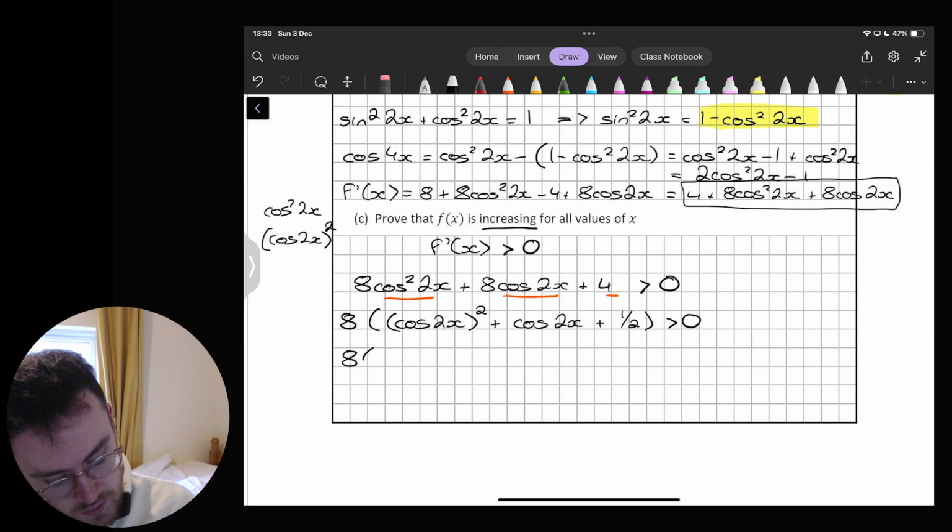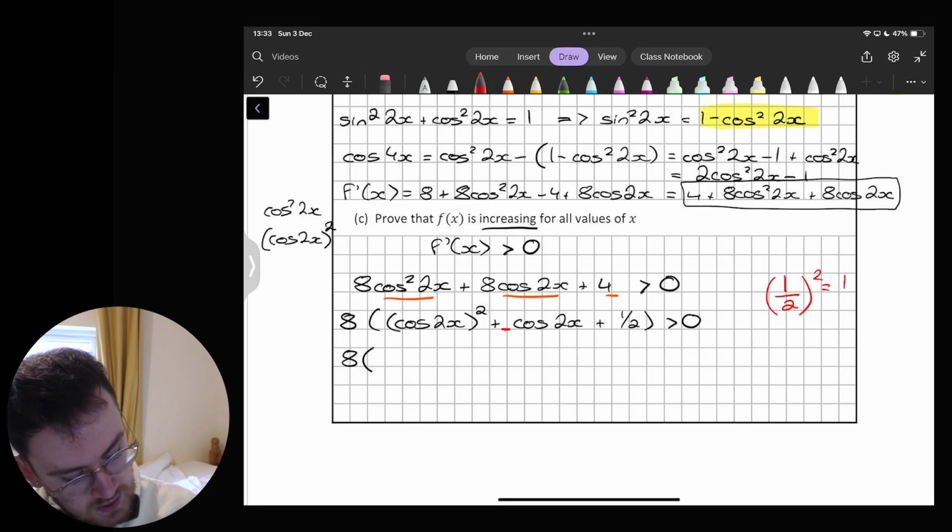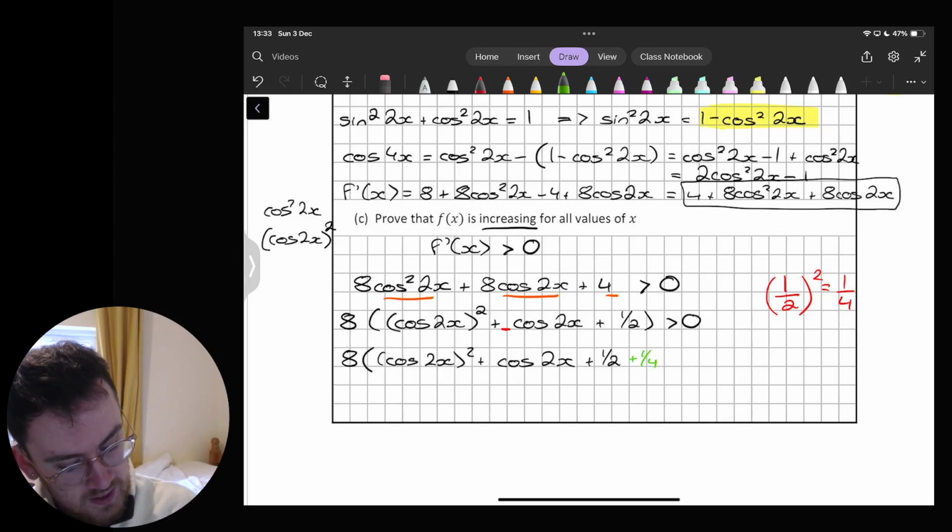When I'm completing the square, I take the coefficient of the x part, which is 1, and I divide it by 2, and then I'm going to square it to get a quarter. So I have cos 2x squared plus cos 2x plus a half. I'm going to be adding a quarter, and I'm going to be subtracting a quarter also.